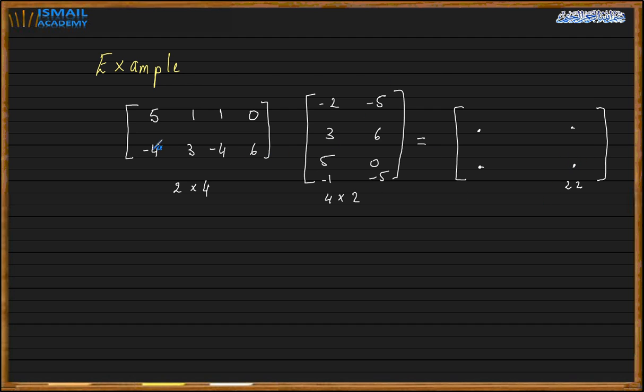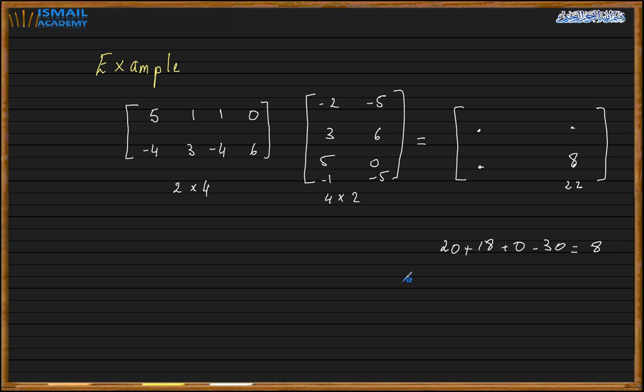So I will do what? Minus 4 times minus 5 is 20. So it's going to be 20, plus 3 times 6 is 18, minus 4 times 0 is 0, and 6 times minus 5 is minus 30. So the answer will be 8. So this will be 8.